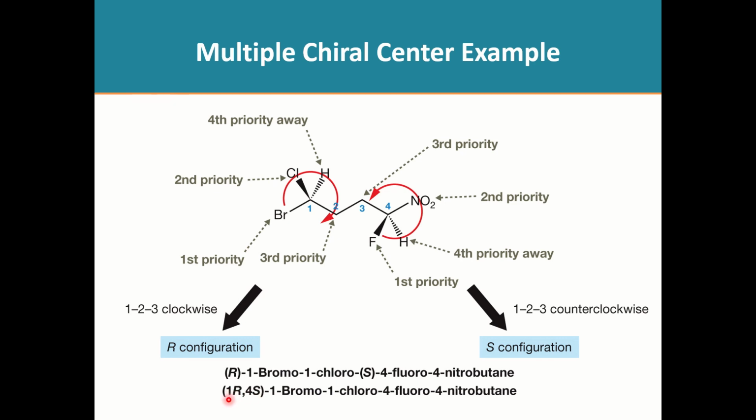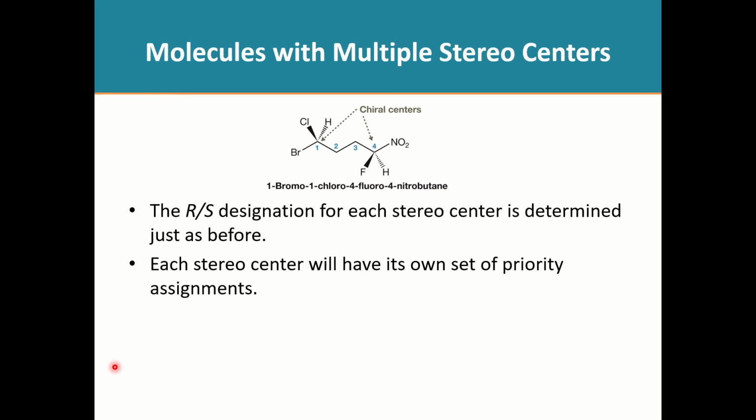Well, carbon 1 has a stereocenter, and at carbon 1, the configuration is R. Carbon 4 is a stereocenter, and its configuration is an S, and you put those into parentheses. I like the bottom way better. That's just a personal preference. If you did this one right here as an answer choice, you would get 100% of the points. Okay, so it doesn't matter to me. You pick what works best for you when you name molecules.